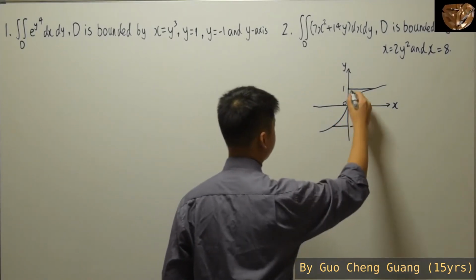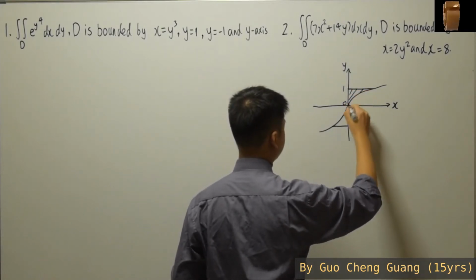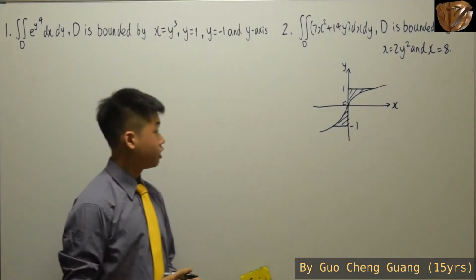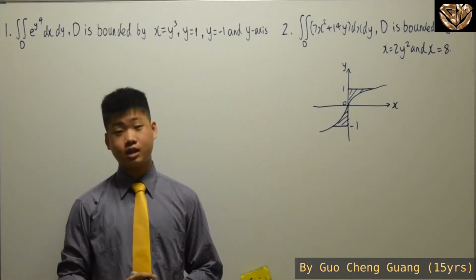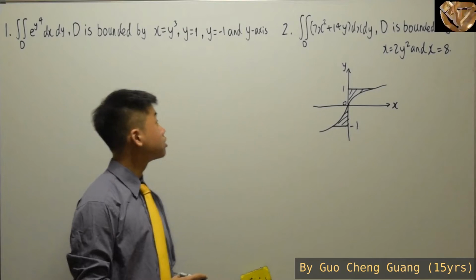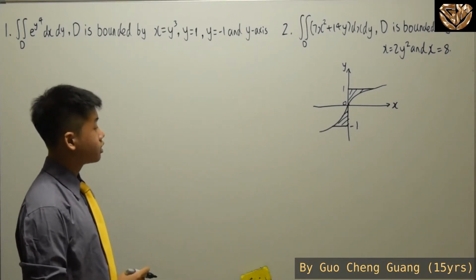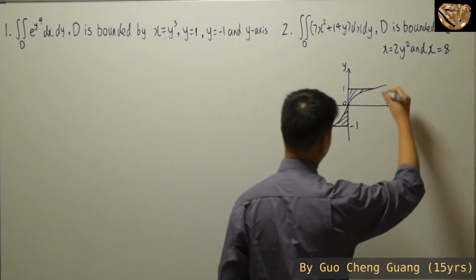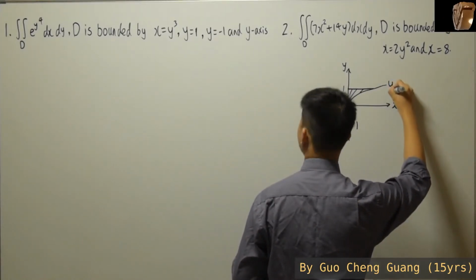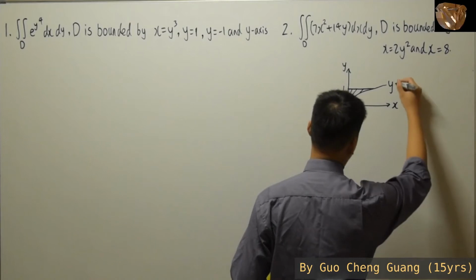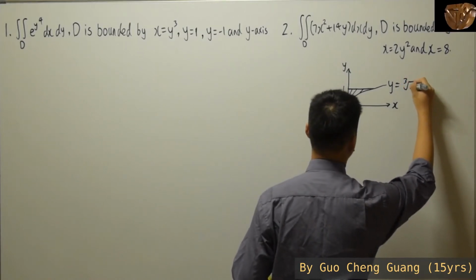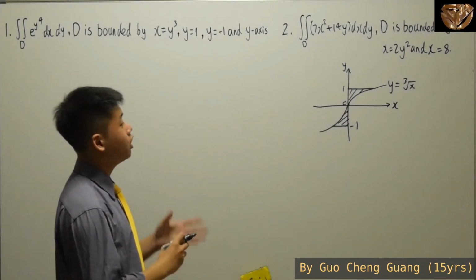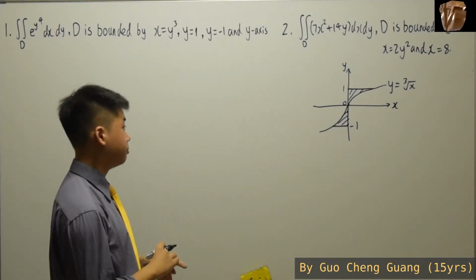Right, so the area we are integrating over would be separated into two different parts, which is these two. One above the x-axis, the other below the x-axis, which in this case, you have to be aware where you integrate to, where you integrate from. So this you can write as y is equal to cubic root x, or just x is equal to y cubed. It depends on how you are going to integrate them.